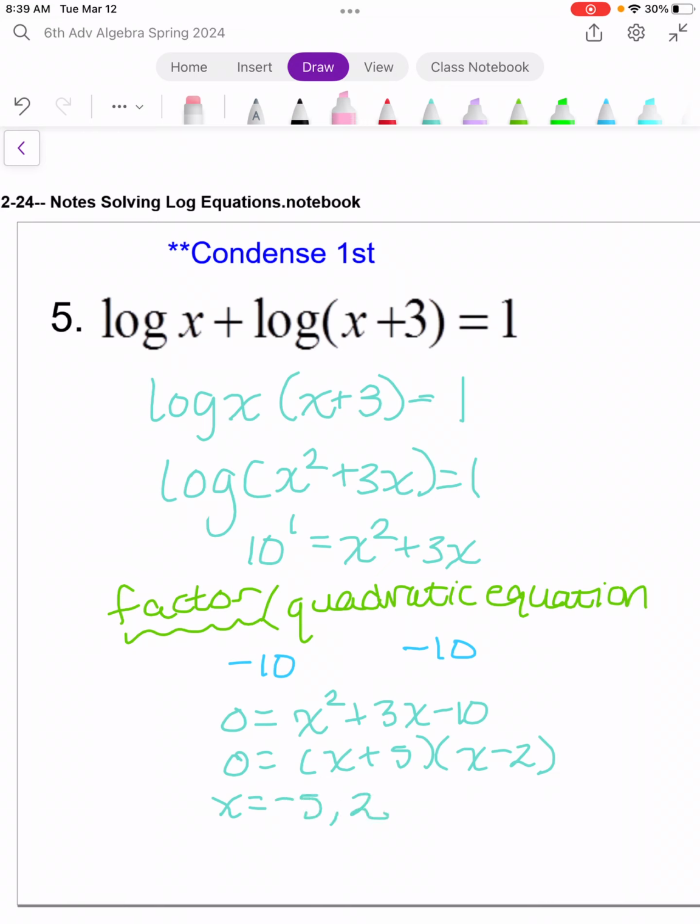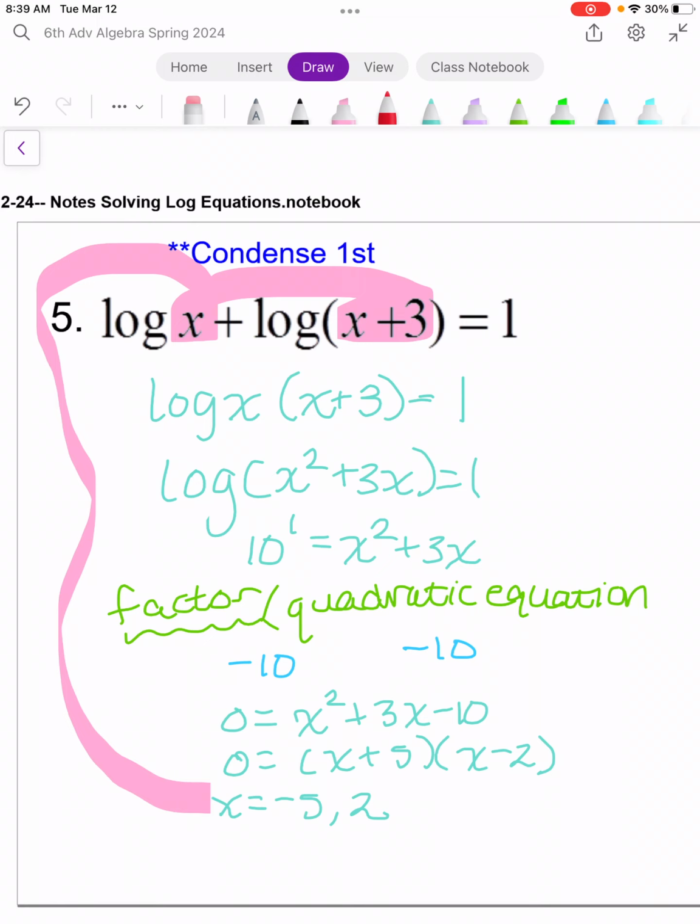So I need to check to make sure, okay, when I plug in negative 5, my arguments can't be negative. So if I plug in negative 5, right, I would get the log of negative 5 plus the log of negative 5 plus 3. Now both of these end up having negative arguments. So this is not an answer. So negative 5, not an answer.